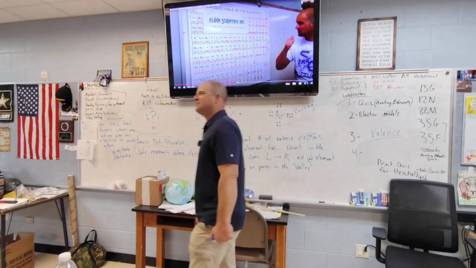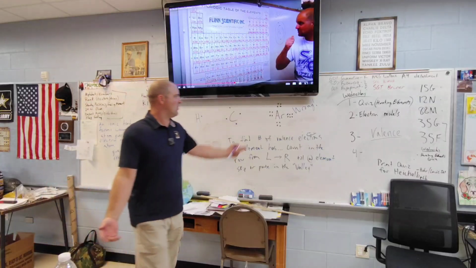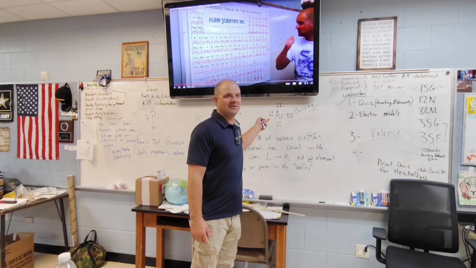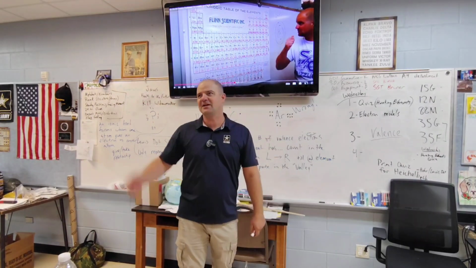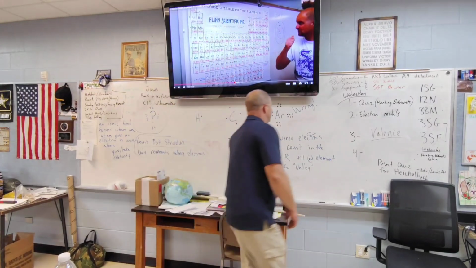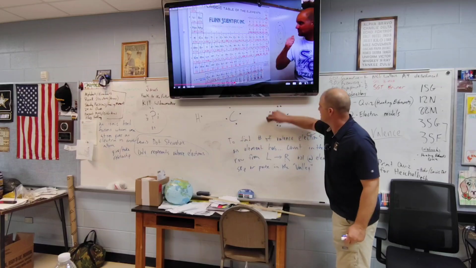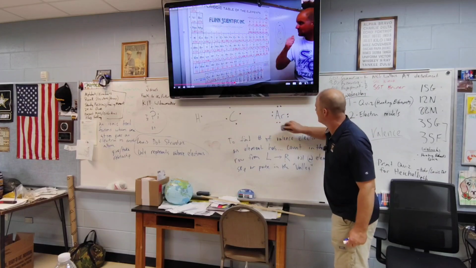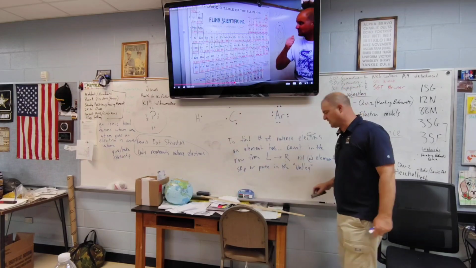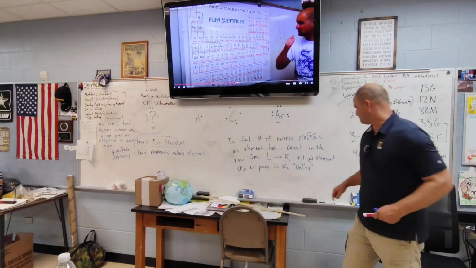It's not showing only the valence electrons. What is it showing? They're trying to show all of the electrons, right? So they've got 18 on there because argon has 18. But remember, with Lewis dot structures, we're not concerned with all of them. We only want the valence electrons. That's all we're concerned with. Questions on that? All right.